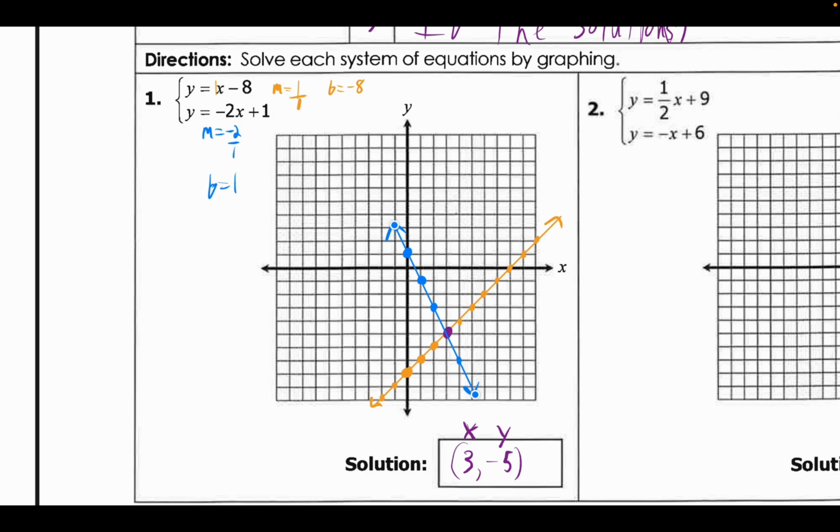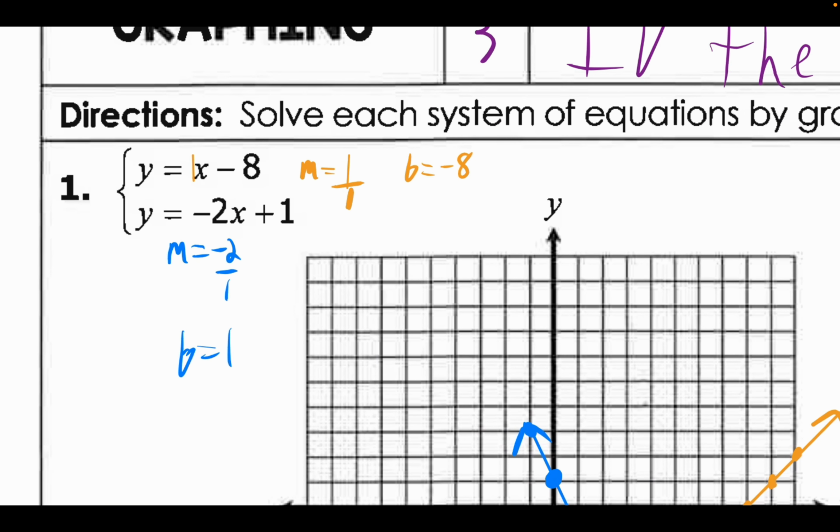So if I were to plug this into my first equation here, I would have -5 equals 3 minus 8. And I ask myself, is this true? I replace the y with the -5, which is what I got for my y value. I replace the x with the 3, which is what I got for my x value. And -5 does in fact equal -5, which is 3 minus 8, so it works.